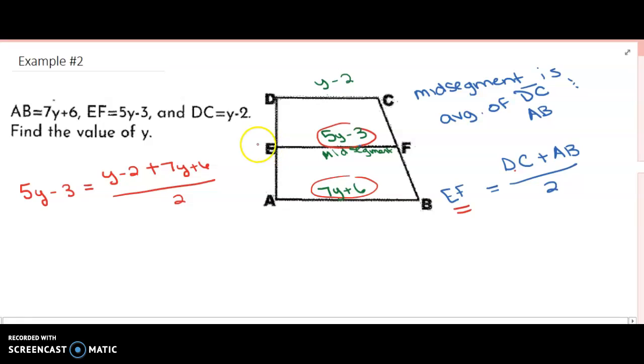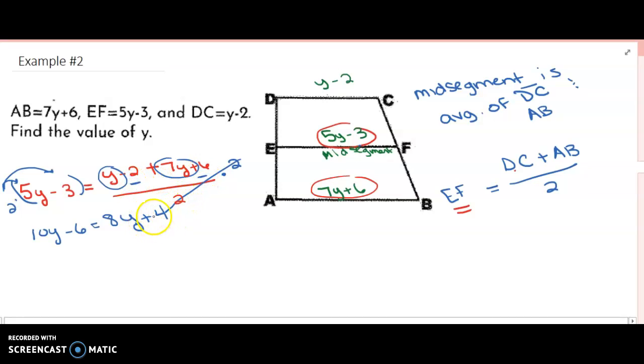by 2. Okay, anytime we have a fraction, we're going to get rid of the denominator. So multiply this by 2. Remember, you have to put this in parentheses, so those would go away. We'd distribute this through, so it'd be 10y minus 6 equals, well guys, y plus 7y, 8y, minus 2 plus 6 is plus 4.